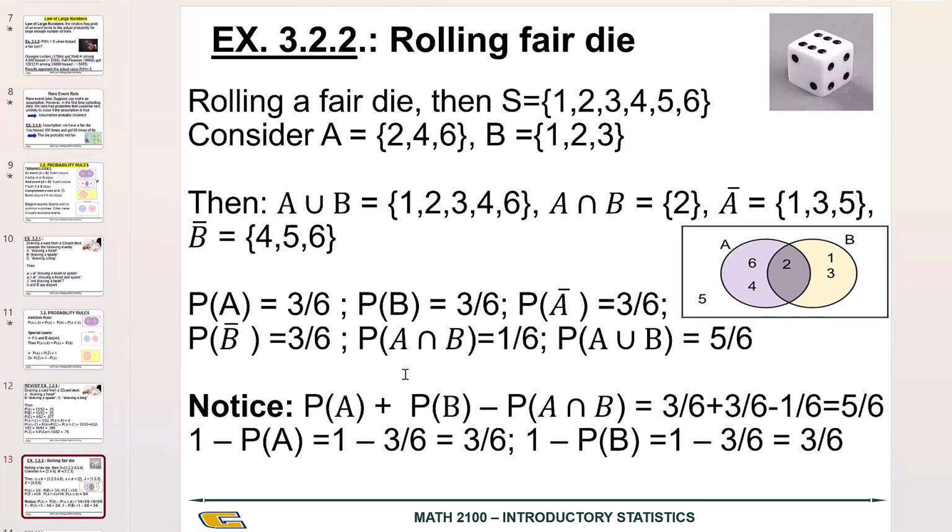Here is another example. If you roll a fair die, in this case the sample space will be 1, 2, 3, 4, 5, 6. Consider A as the event that I get an even face, 2, 4, 6, and B the event that when I roll a die, I get 1, 2, 3. From that, you can list out what A or B is, which in this case will be 1, 2, 3, 4, 6.